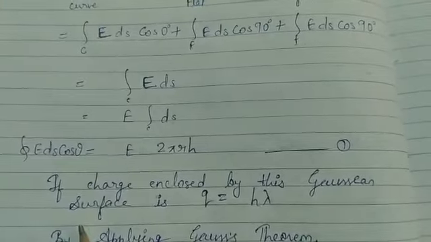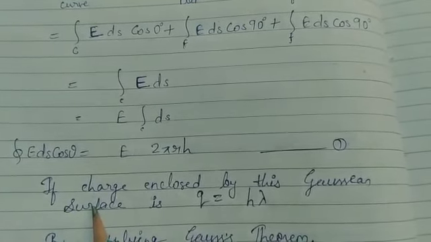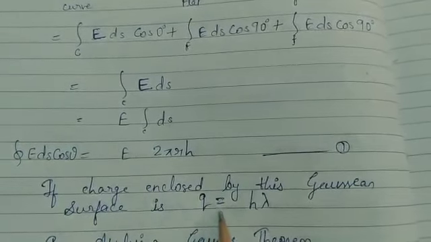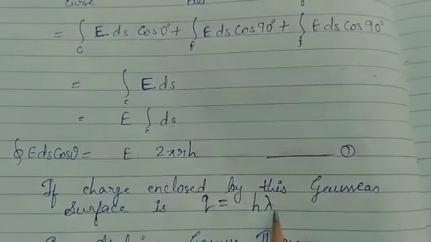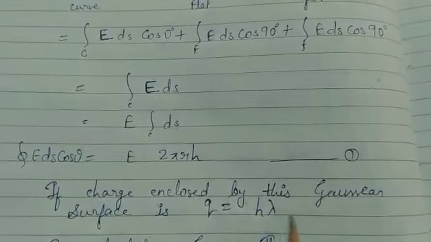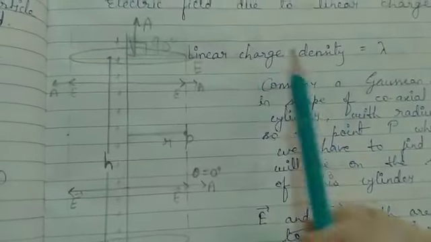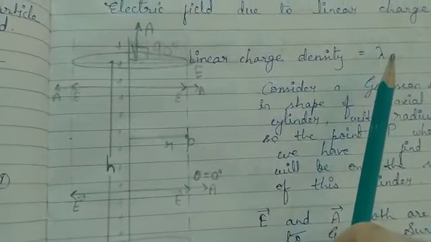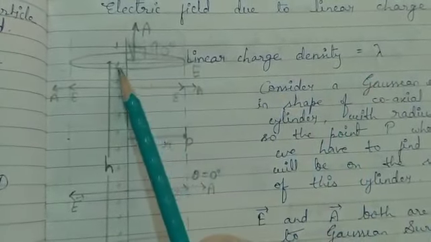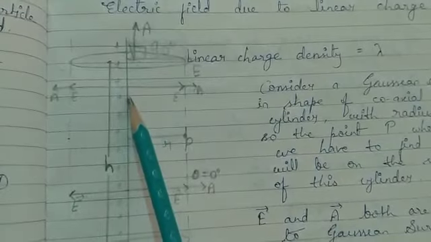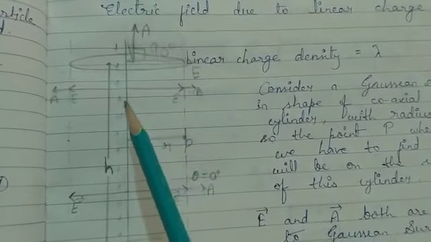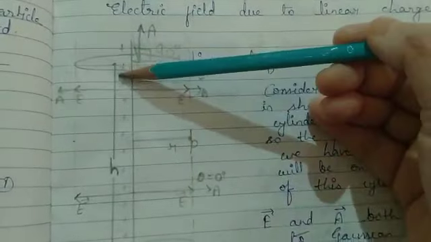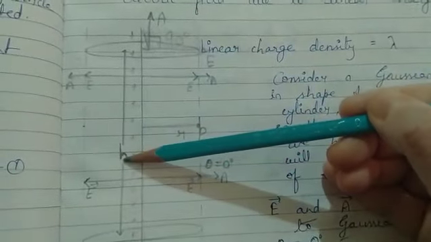Now the charge enclosed by the Gaussian surface is Q equals h lambda. Why is it h lambda? Because the linear charge density equals lambda, that means the charge per unit length is lambda, and the total length of the wire is h.